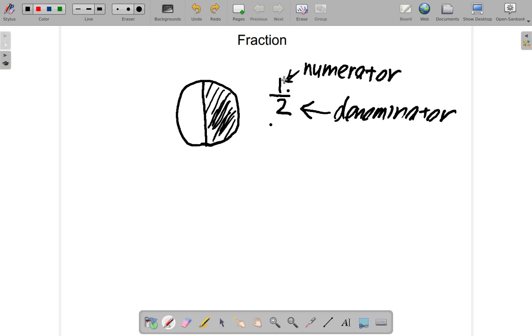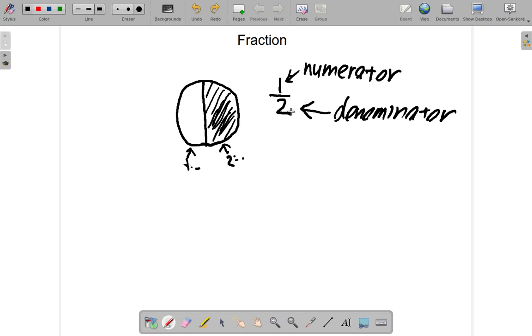Now, the denominator is really telling how many equal parts there are. So there is one part here and the second. All right, so there are 2 equal parts.